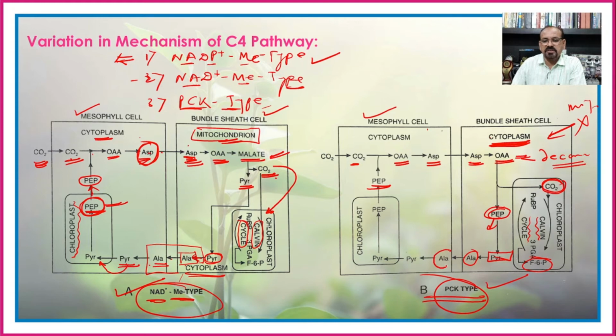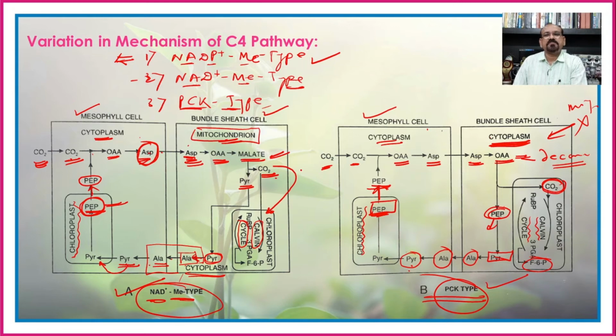Alanine from the bundle sheath cell is transported to the mesophyll cell, and from the alanine there is a synthesis of pyruvic acid. Pyruvic acid from the cytoplasm enters inside the chloroplast, and from the pyruvic acid there is formation of phosphoenol pyruvic acid. This is the same as in the NAD-ME type. After formation of phosphoenol pyruvic acid, it is again transported outside the chloroplast into the cytoplasm, ready again for the absorption of carbon dioxide.